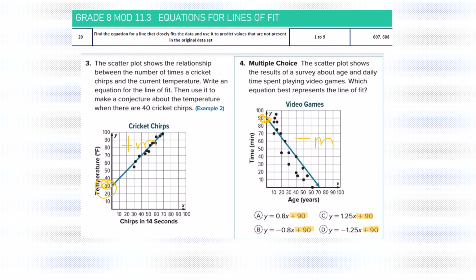We know that the slope is negative, so it's going to be either B or D. Therefore, it is very easy to strike these two off, simply because they are not part of the answer, and you can go ahead and work out the slope.